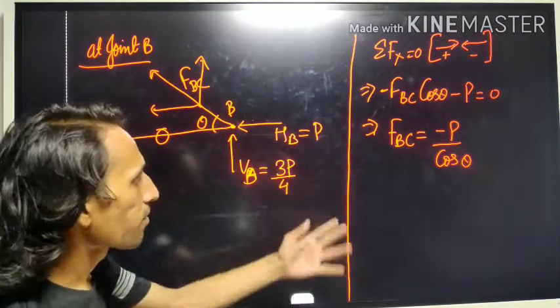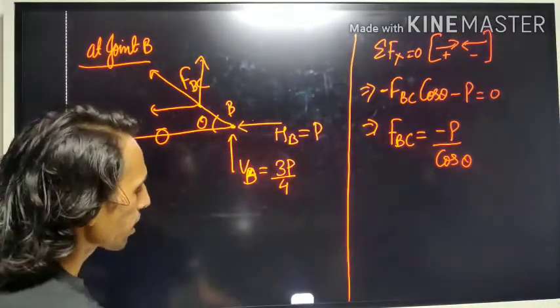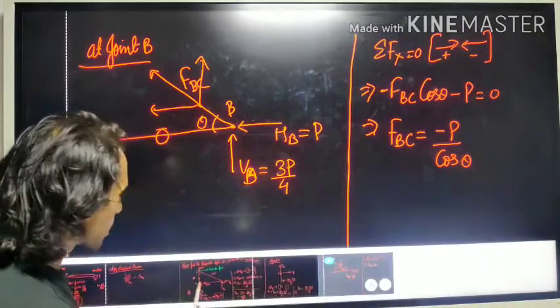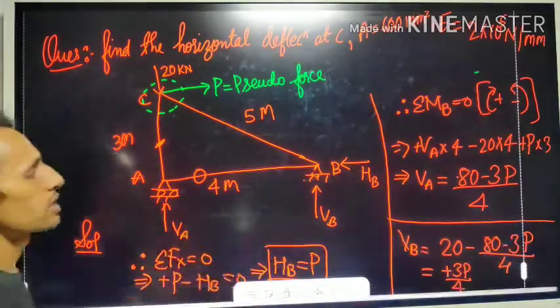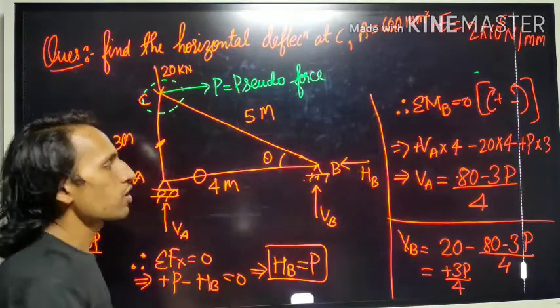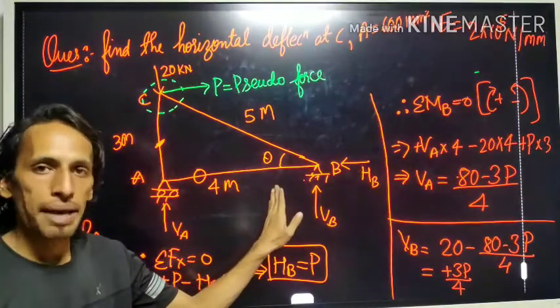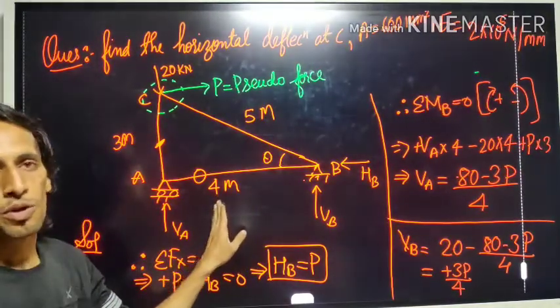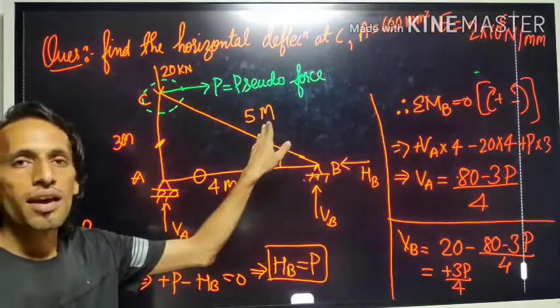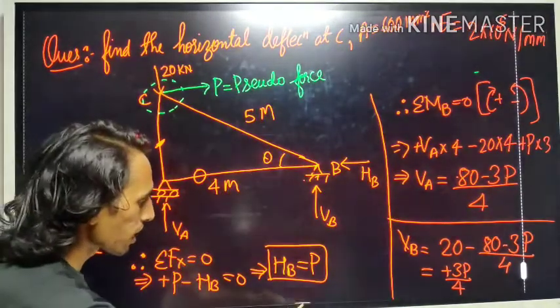So I can find the value of cos theta. What will be the value of cos theta? Let's go back here. So this is theta. So cos theta will be base divided by hypotenuse. What is base? 4 meter. Hypotenuse 5 meter. So I can put this value.